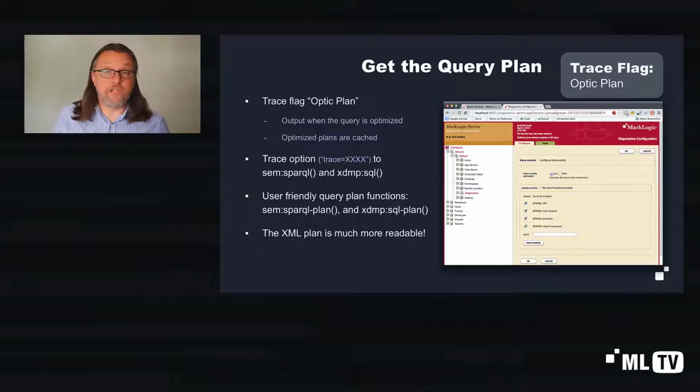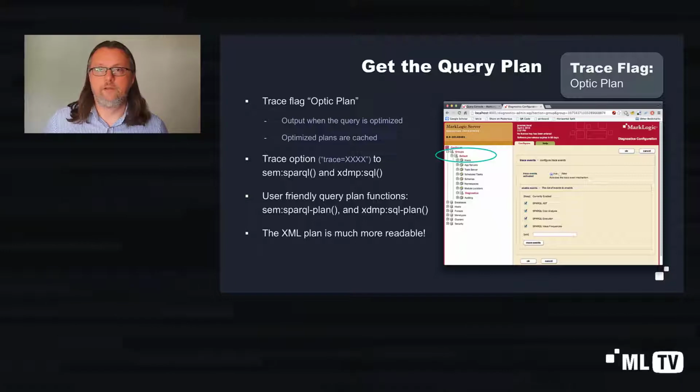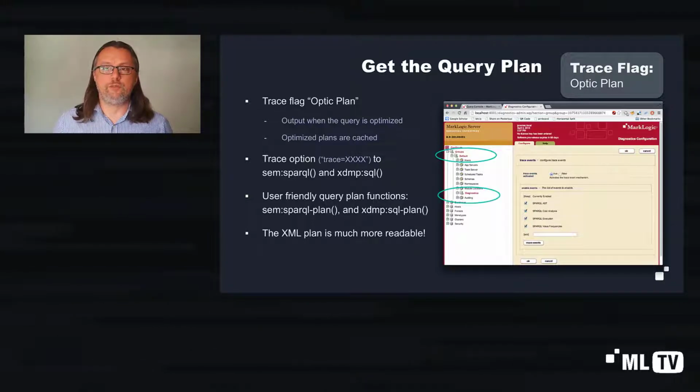So if you need to set a trace flag, if support asks you to set a trace flag, this is what you do. You go to the admin UI and you click on the group that your hosts are part of. Having gone to the group, you can then click on diagnostics on that left hand panel there.